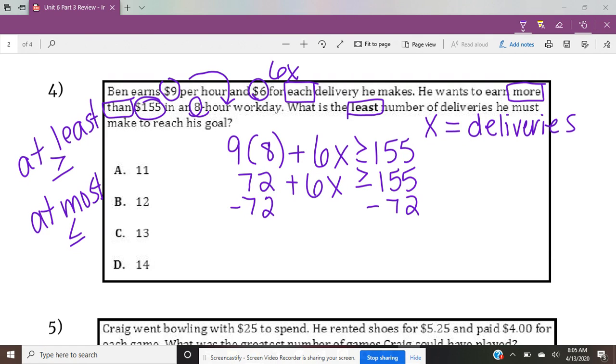Sorry, I did that twice because I did not think it was going to be a decimal answer, but that's okay. And then we're going to divide by 6.